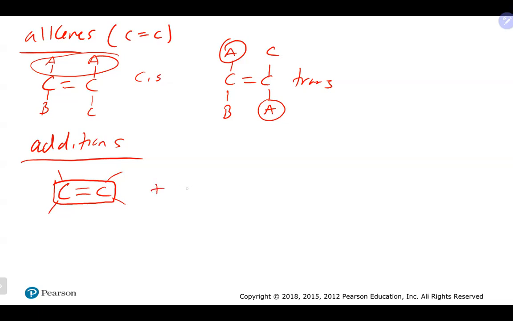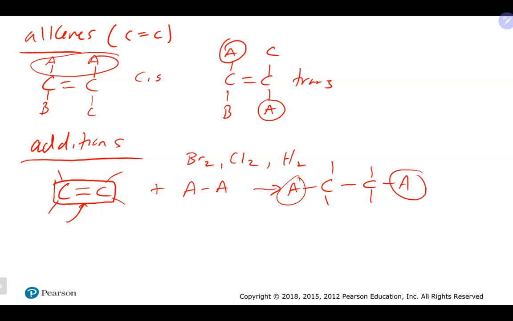We may add two things here, and what always happens is that this becomes a single bond, and then we add one group to each of the carbons. Now there are symmetrical additions like we talked about, where you add something like Br2, Cl2, H2. And it really doesn't matter where those go. They should go on either side.